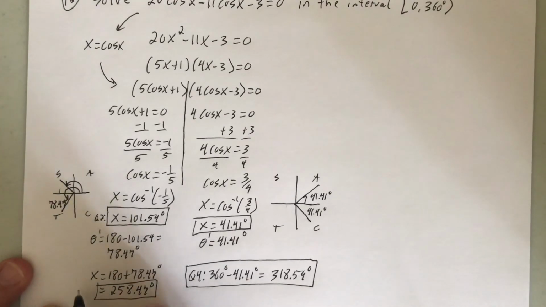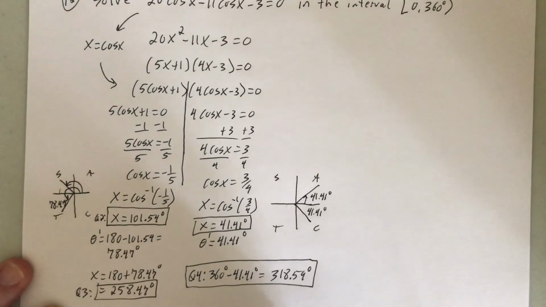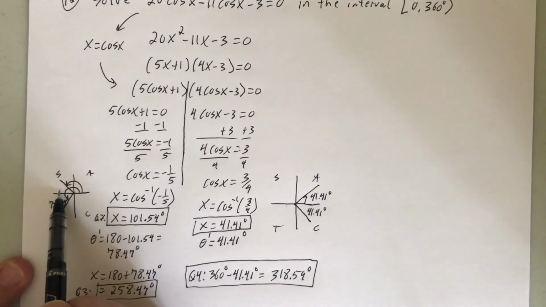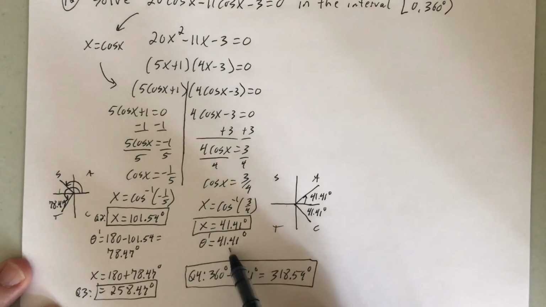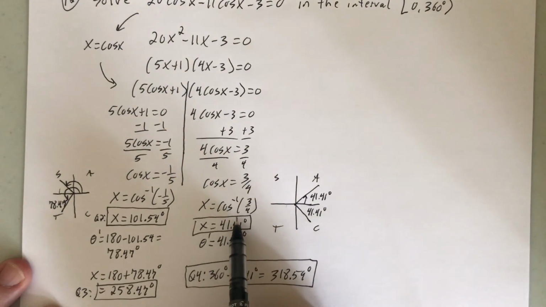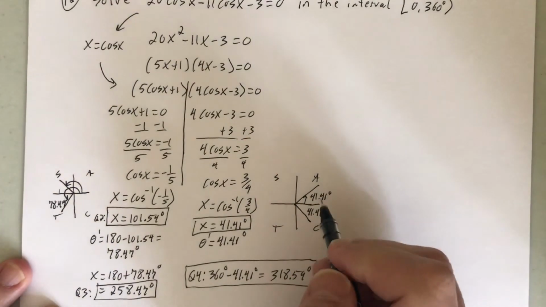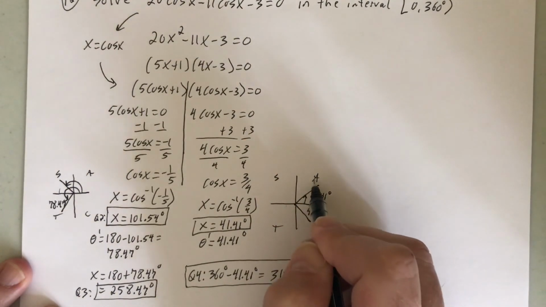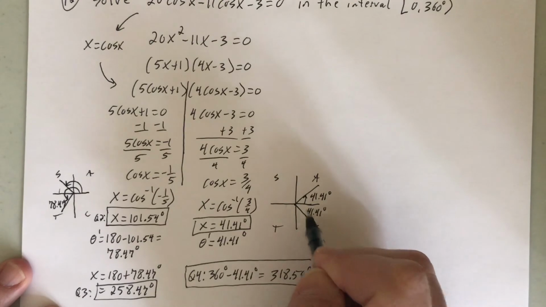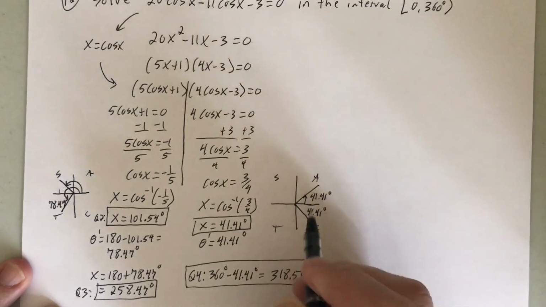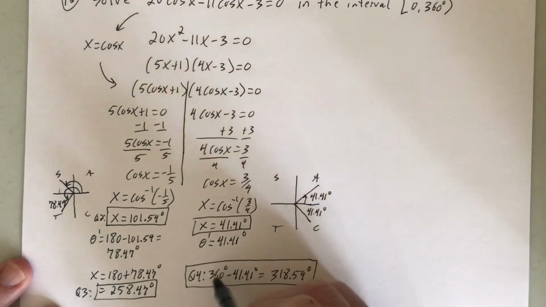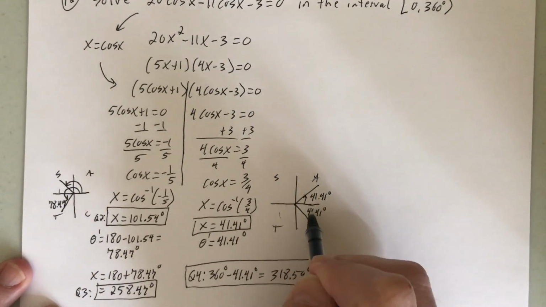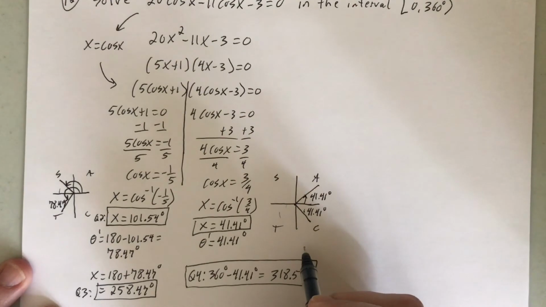Then we use that to find our Q3 angle. So 180 plus the reference angle gave you our Q3. So that was those two. Over here, we went ahead and did the inverse, and that gave us 41.41. Now that worked out great because we're already in quadrant 1 because cosine's positive in 1 and 4. So we already have our Q1, and it's also our reference angle, our theta prime. So then the quadrant 4 answer is 360 all the way around minus the reference angle.